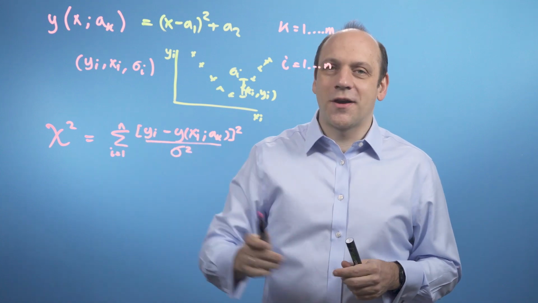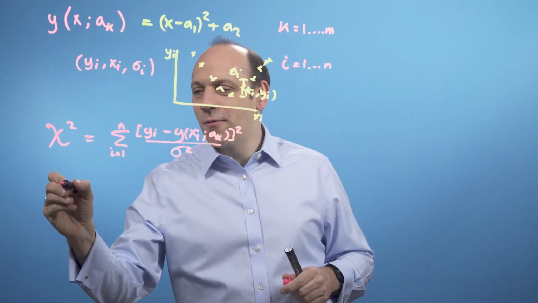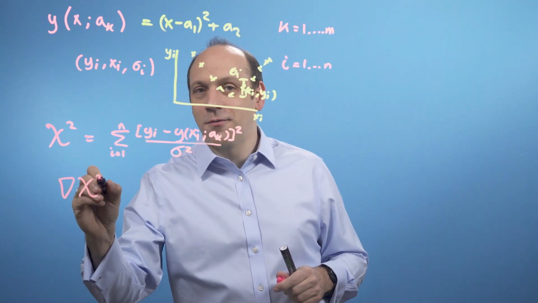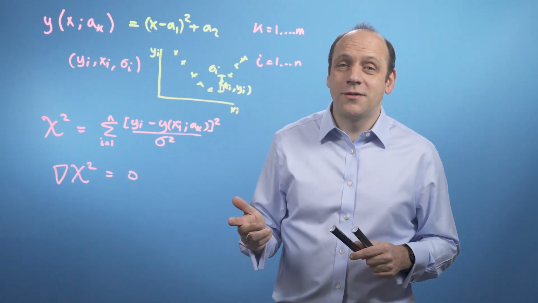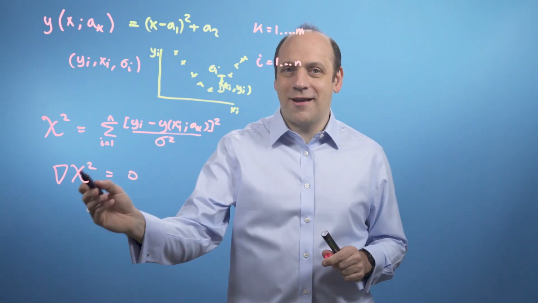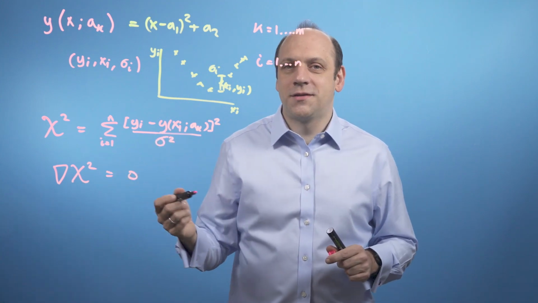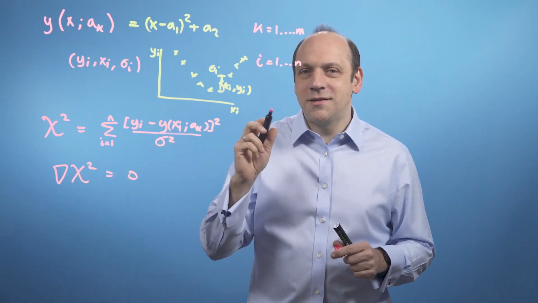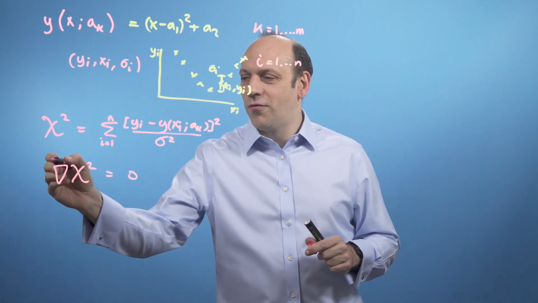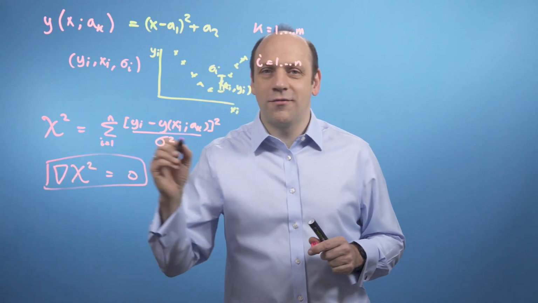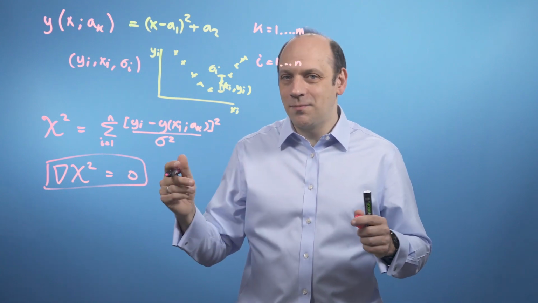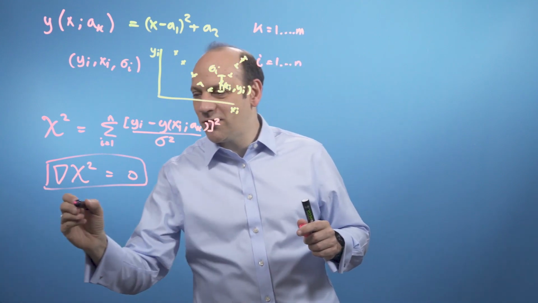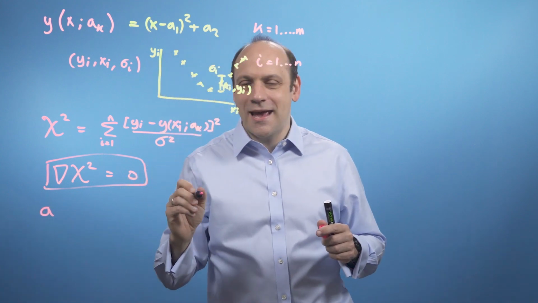And my minima for chi squared is, of course, going to be when the grad of chi squared is equal to 0. Now, in the general case, I might be able to write down an expression for grad here, but I might not be able to solve it algebraically. So instead, I'm going to look to solve grad chi squared equals 0 by steepest descent, going down the contours, simply by updating the vector of fitting parameters a. So I've got my vector a.